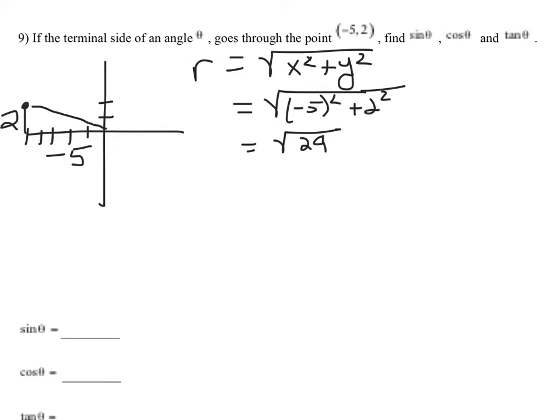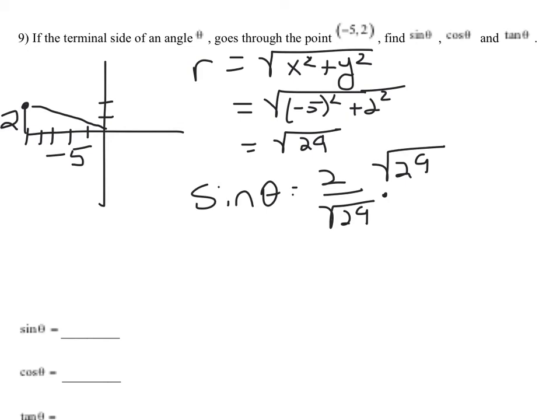So for sine, we're going to end up with 2 over root 29. Now I have to rationalize that denominator because we can't have a radical in the denominator. So we rationalize it by multiplying the fraction by root 29 over root 29.